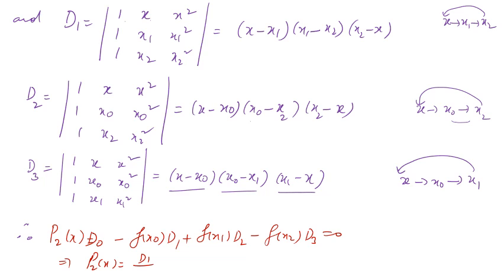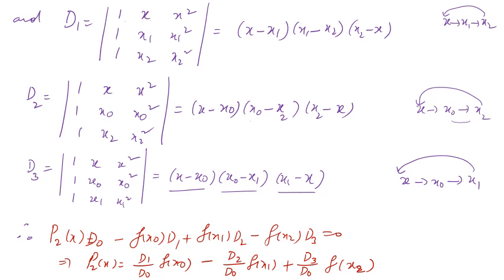Take all the terms to that side and divide by d0: d1 by d0 f of x0 minus d2 by d0 f of x1 plus d3 by d0 f of x2, right?